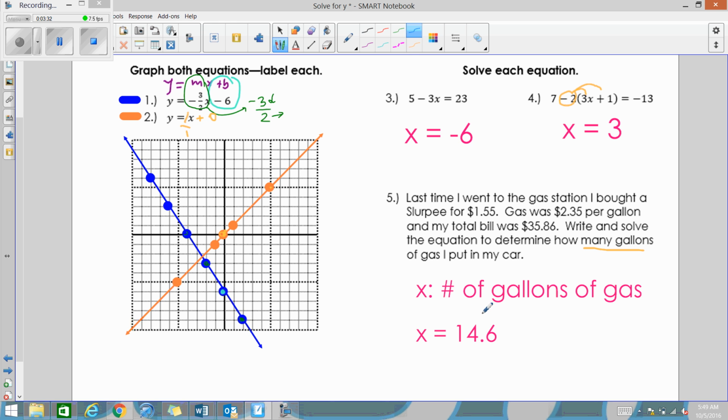So our equation should be something like 1.55 plus 2.35x equals 35.86. And then we solve that to get 14.6 gallons of gas. And we have to make sure that we address what we bought, so gallons of gas.